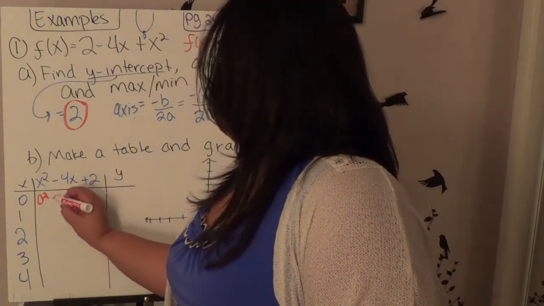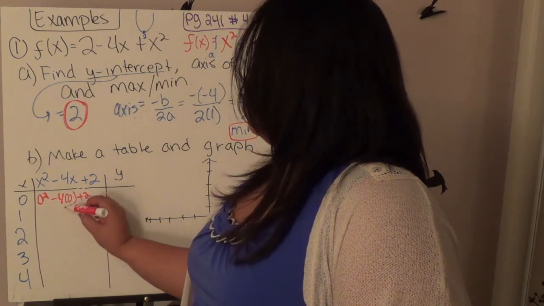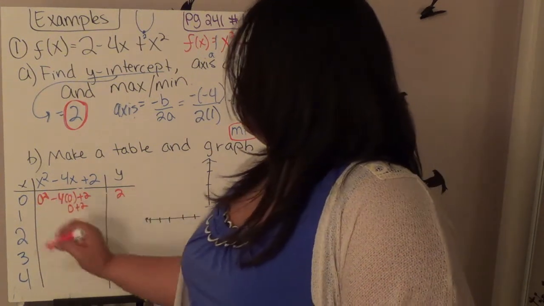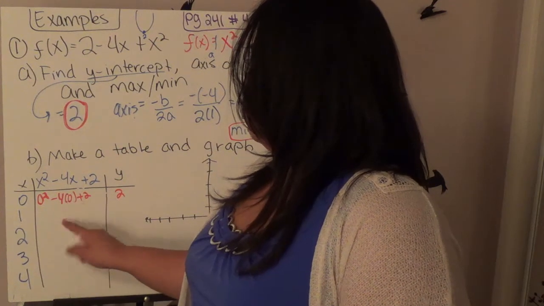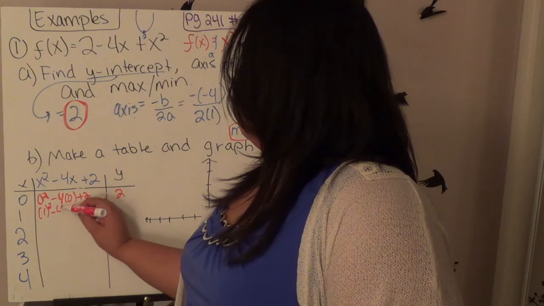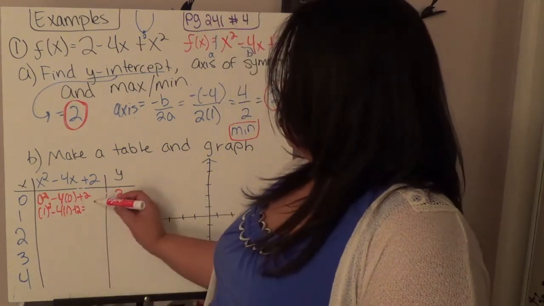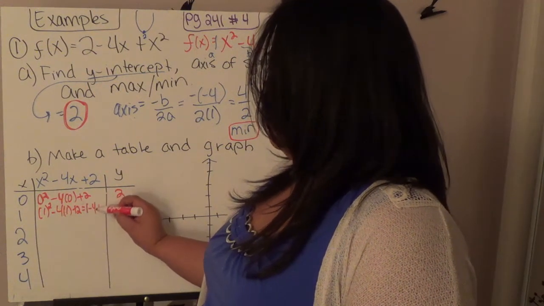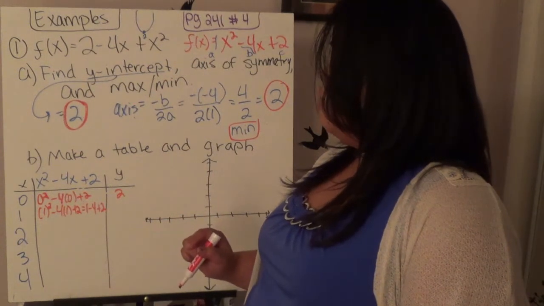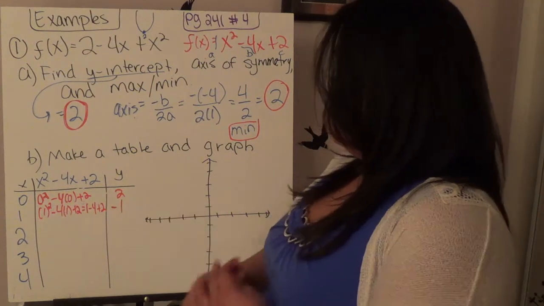0 squared minus 4 times 0 plus 2 gives me 0, 0, 0 plus 2. This gives me 2. Okay? We have 1 squared minus 4 times 1 plus 2, which gives me 1 minus 4 plus 2, right? 1 minus 4 is negative 3, plus 2 is negative 1.